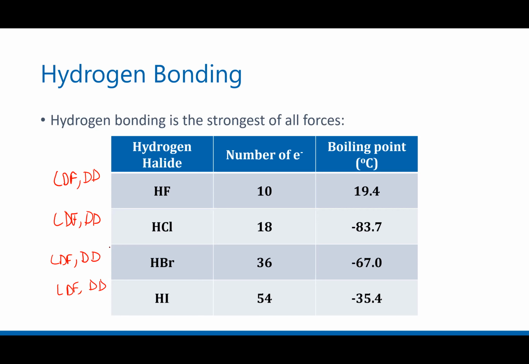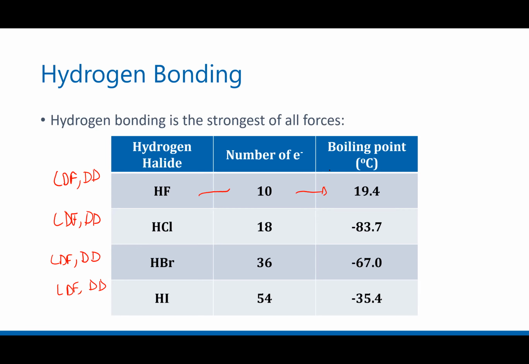Now, let's forget about hydrogen bonding for 1 minute. Remember that I told you if you had a tie with London dispersion, you could count the number of electrons, and the number of electrons will tell you which has the higher boiling point. So, HF, 10 electrons, the boiling point is 19.4 degrees Celsius.